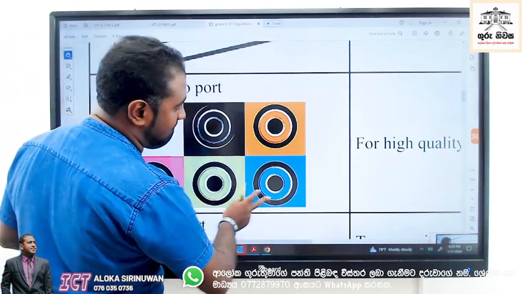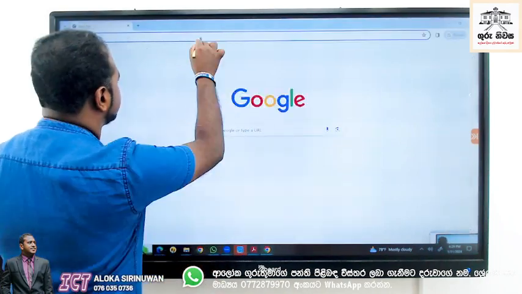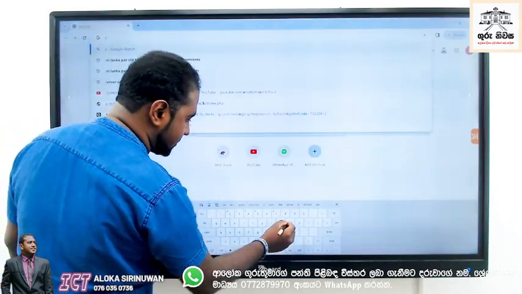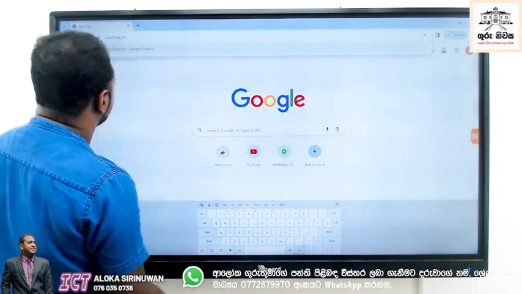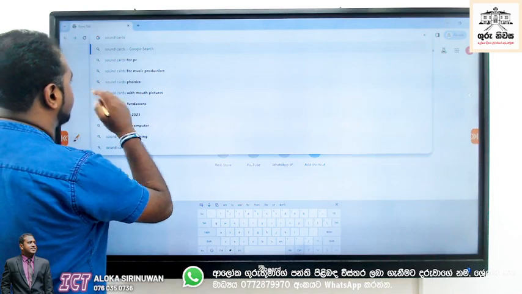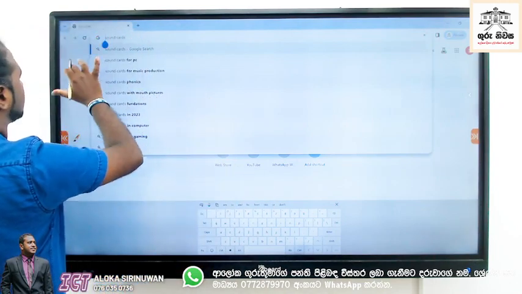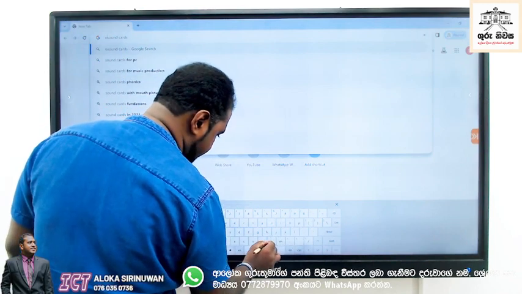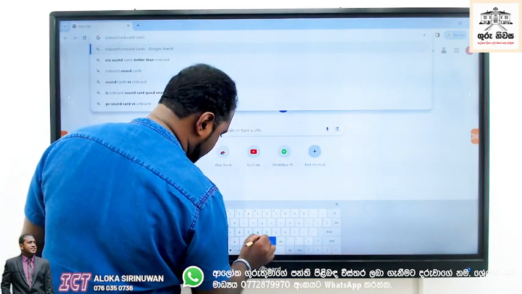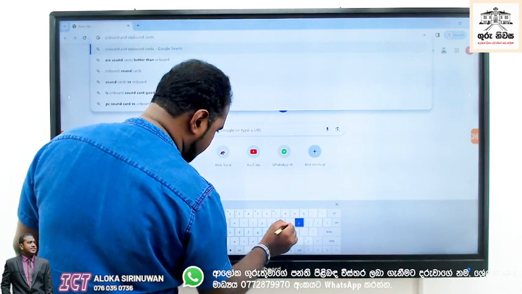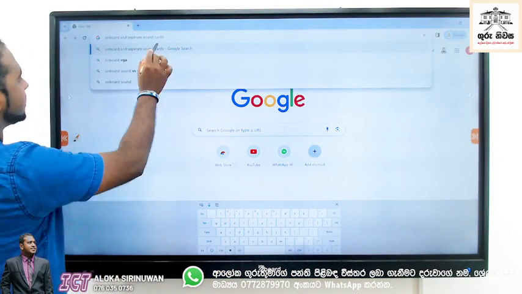Look here. I will show you sound cards. Onboard and separate sound cards.